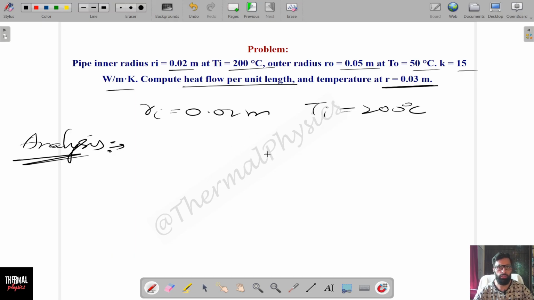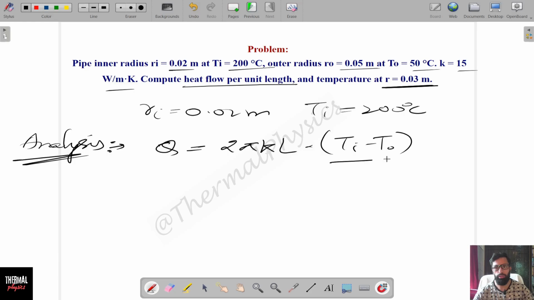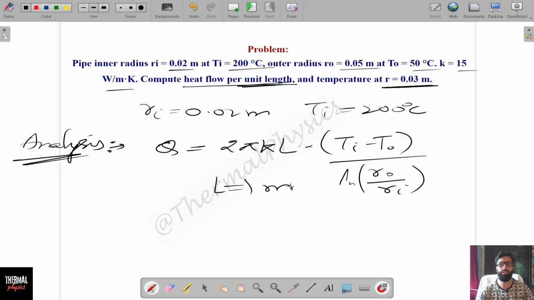So let's move on. We know that the heat transfer rate will be 2 pi k L times T inner minus T outer, divided by ln of R outer by R inner. We have to find the heat flow rate per unit length, so we take L as 1 meter length of the pipe.